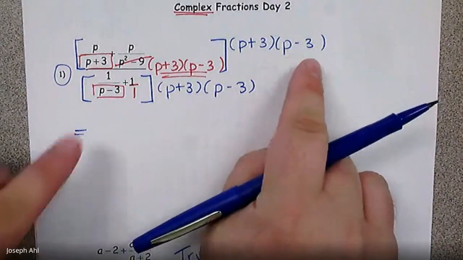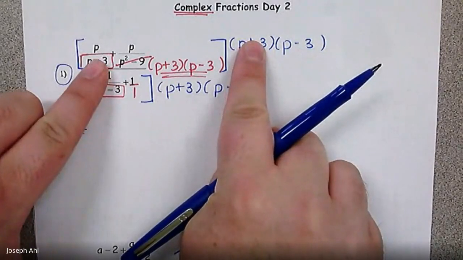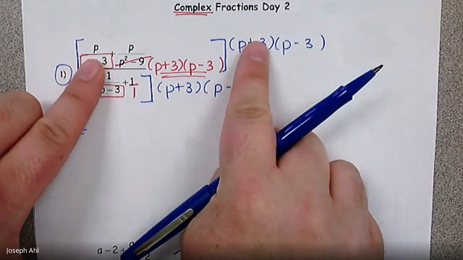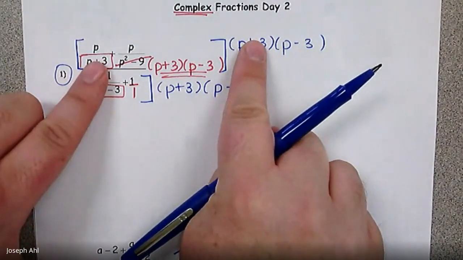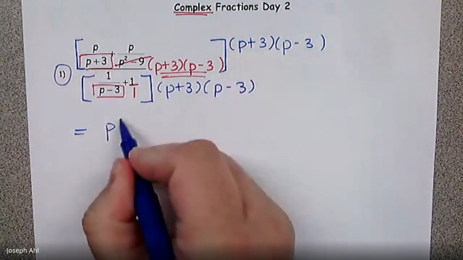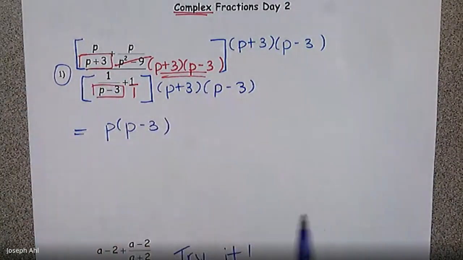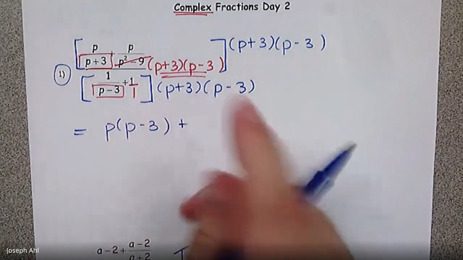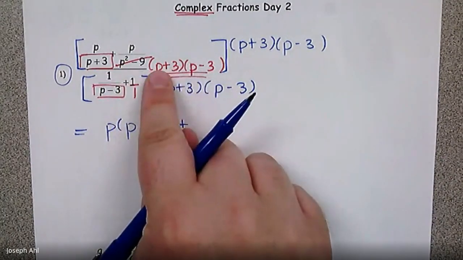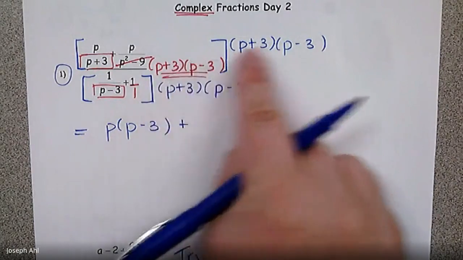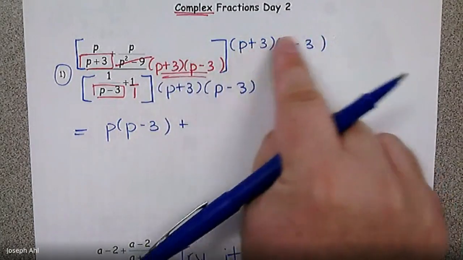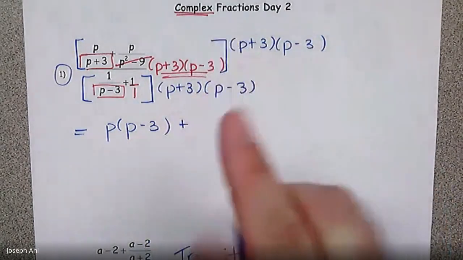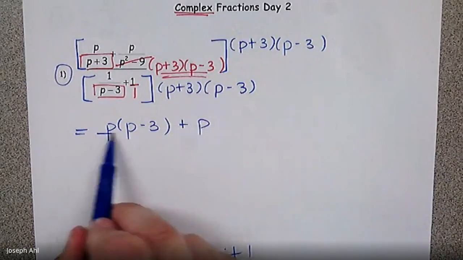On the top, the p plus 3s would cancel for the first fraction, and we're left with p times p minus 3. Then there's a plus sign. Plus, here, these two factors cancel in total with the factors that I'm multiplying by up here, so you're just left with plus p.